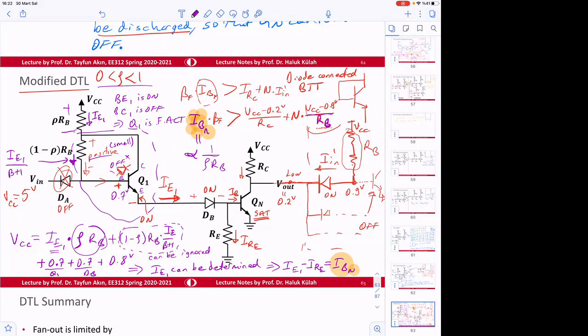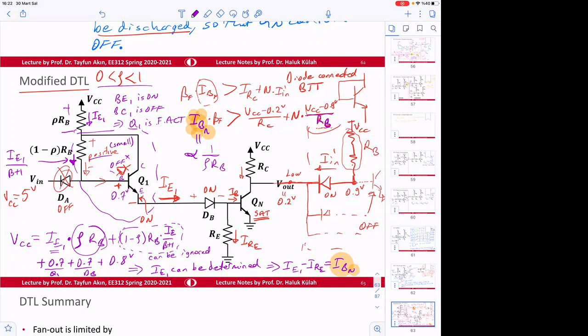Okay, so I guess we have an exam question for you, a take-home exam, to solve this and find this thing yourself. But this is really the EE312. I mean, the initial one was for you to warm up, and then this one is a more real device, a modified one.